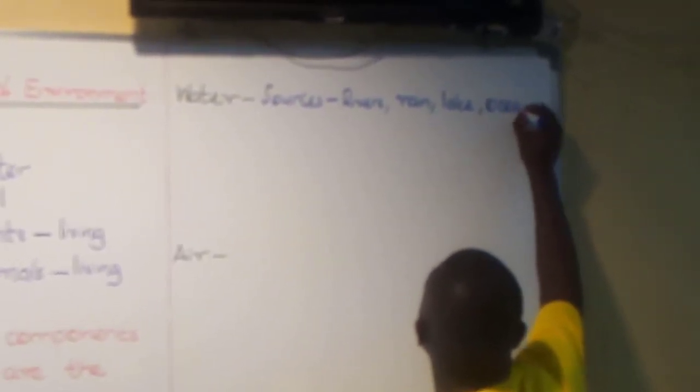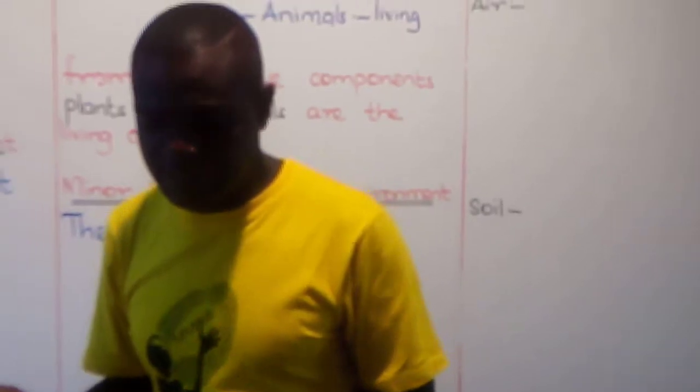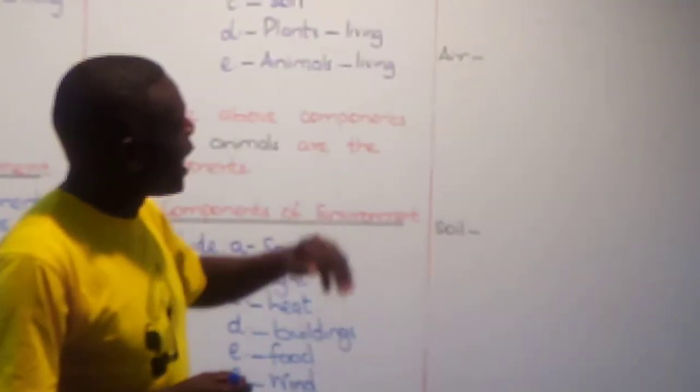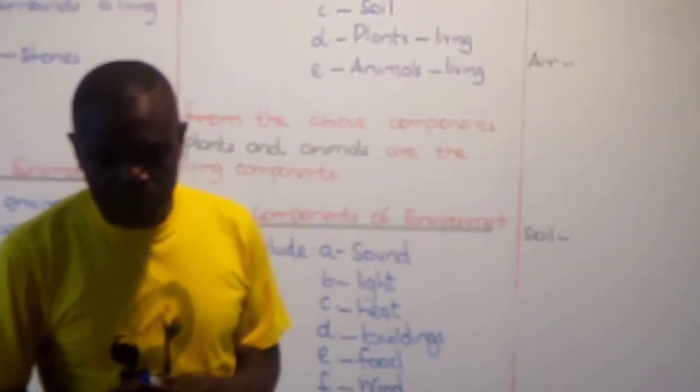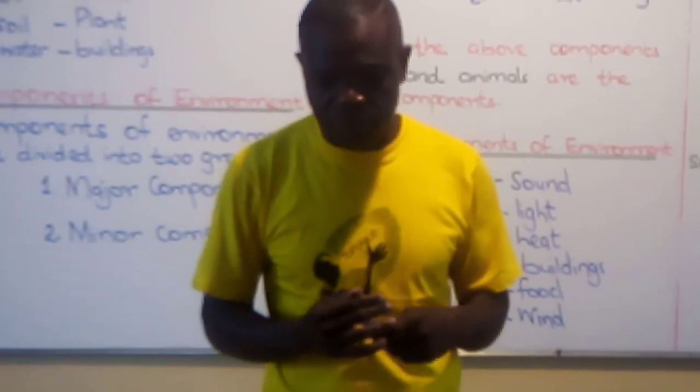Those are some of the sources of water, because water does not just exist, it has some sources. And even wells, don't we have wells and boreholes? There are also other sources of water, wells, boreholes, and those ones. Those are the basic sources of water.